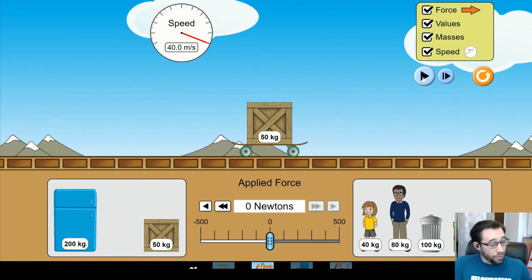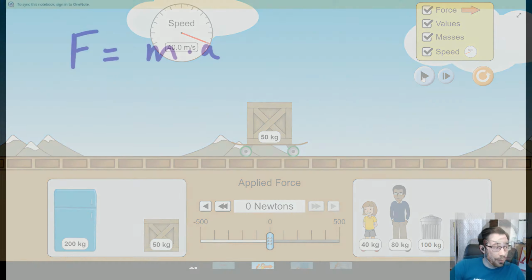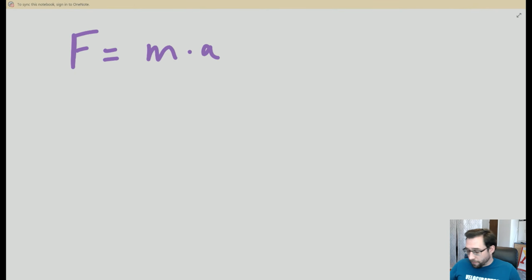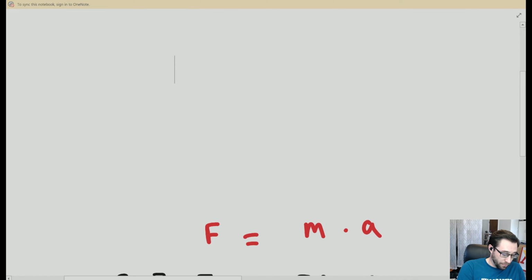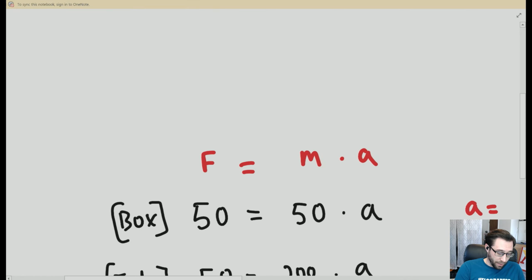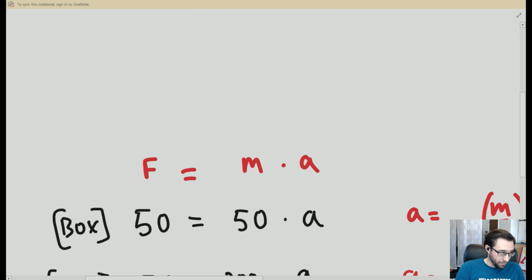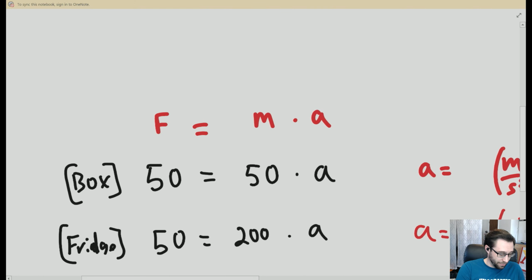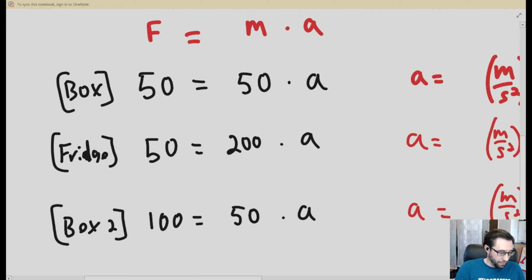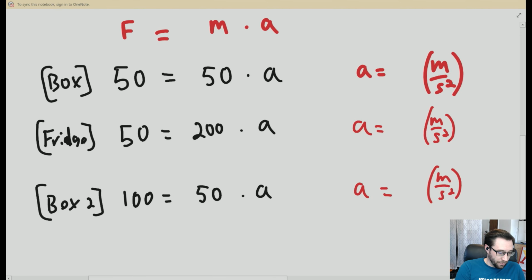Cool. So what I want to kind of discuss is figuring out what the value is for the acceleration. The amount of force that I applied for the box, we're going to do three different kinds of situations.